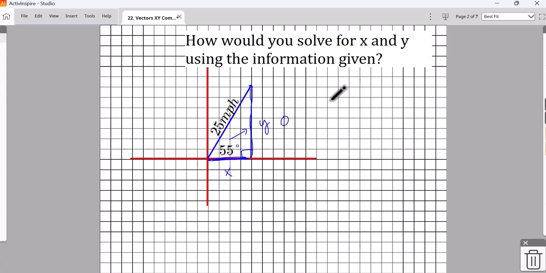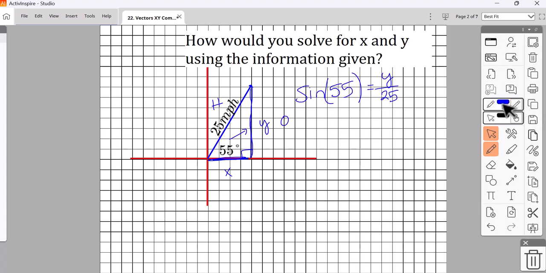And so we could use sine to solve for our opposite side. We have the angle measure, so sine of 55, where the angle measure always goes on the inside, equals opposite over hypotenuse, so the y value over 25.